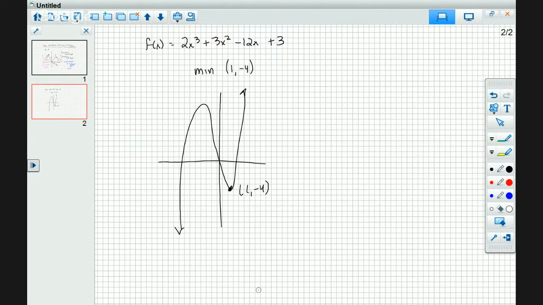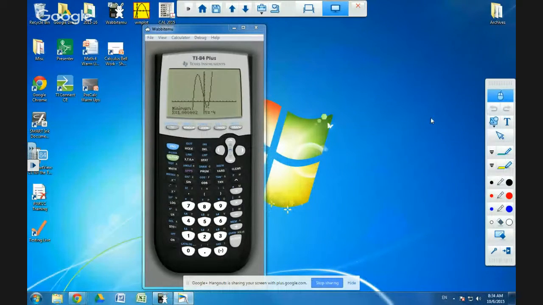If you calculate your maximum, we want this point now, using the same method. Second, trace, max. Go left down, right down, and then yes. I get -2 and 23.